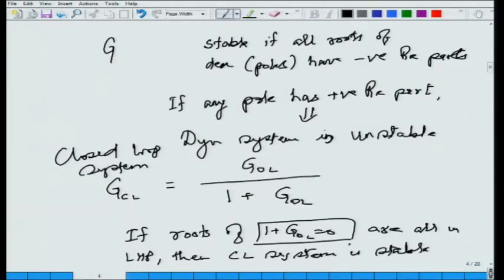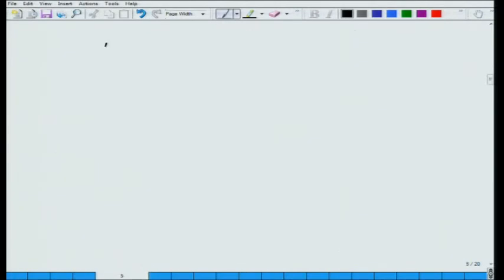So, if you want to figure out whether a closed loop system is stable or not, what you need to do is figure out the roots of 1 plus g open loop equal to 0. Stability is governed by the roots of this equation. This is called the closed loop characteristic equation.